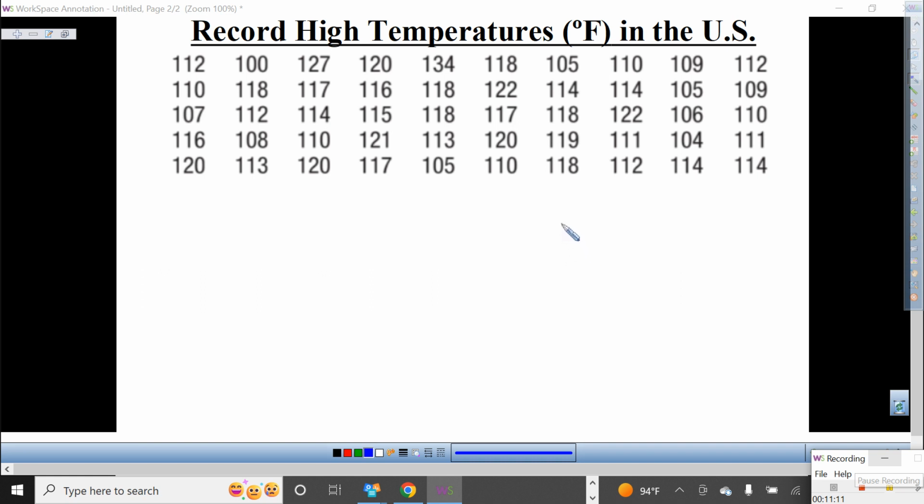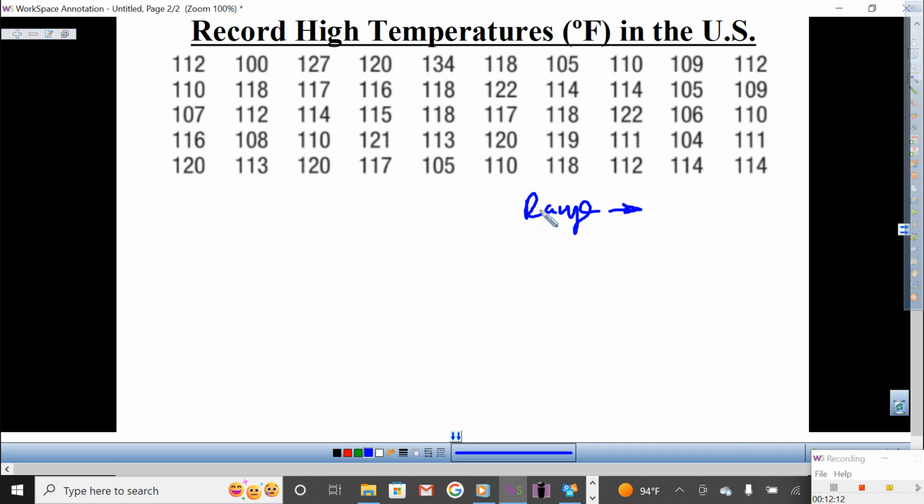All right. Once you find that, you're going to find the range. Tell your neighbor how to find the range, please. Are we doing good? Okay.